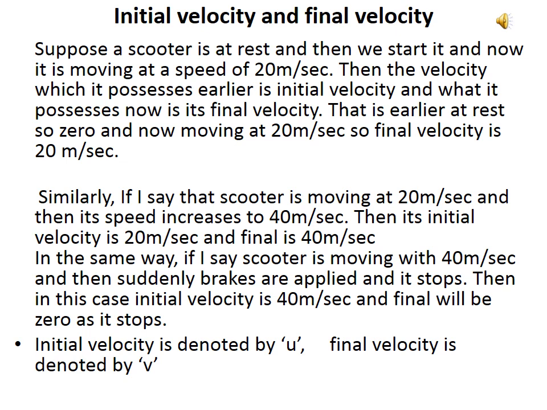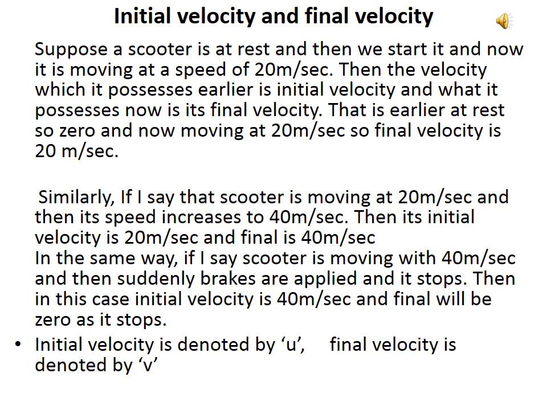Similarly, if the scooter is moving at 20 meters per second and then its speed increases to 40 meters per second, what is its initial velocity and final velocity? The initial velocity is 20 meters per second and the final velocity is 40 meters per second.